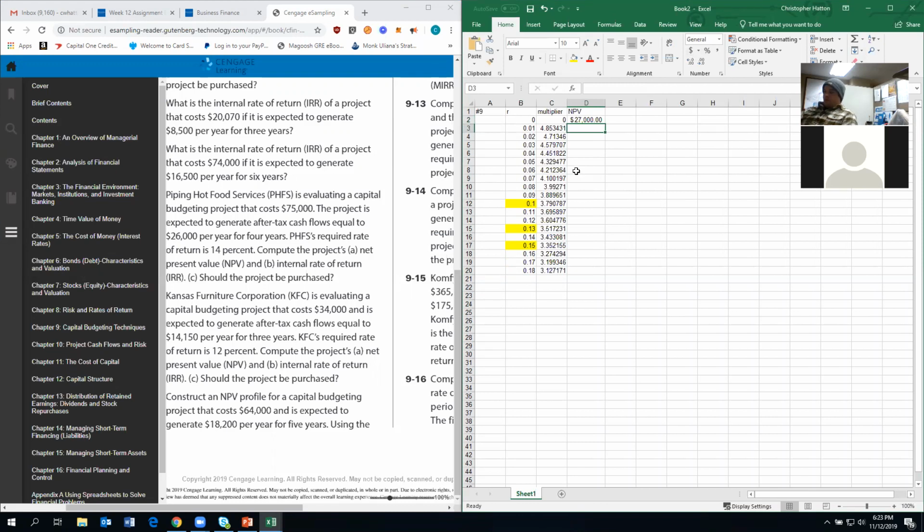But then from here on out, you can say equals negative 64,000 plus 18,200 times the multiplier. And then we'll drag that all the way down and make all those dollars.